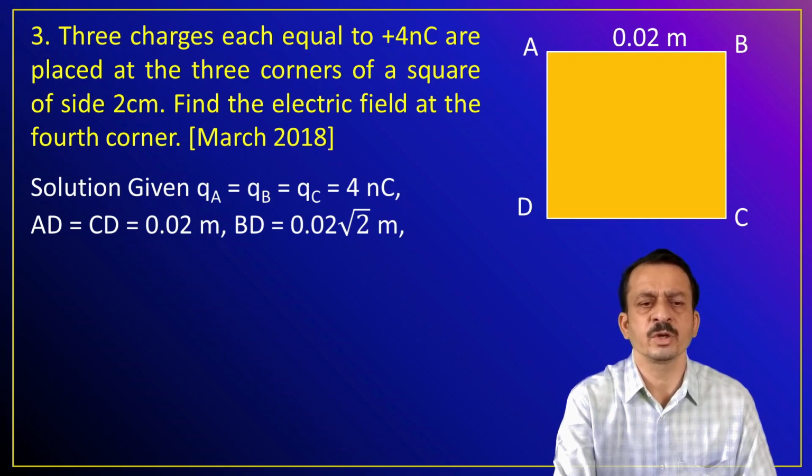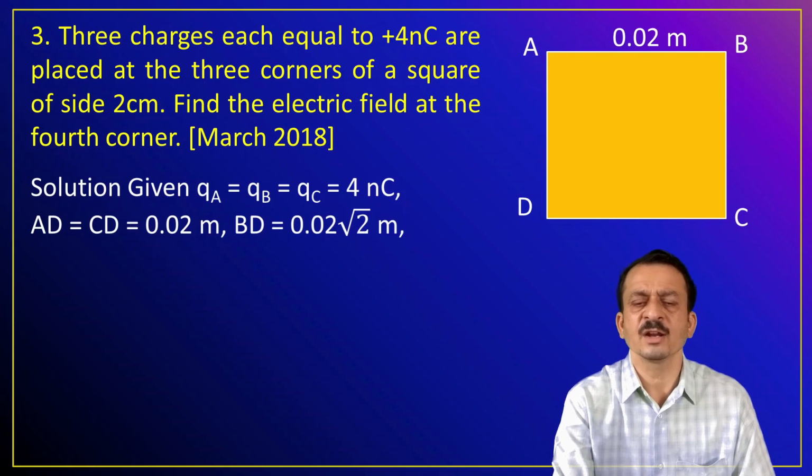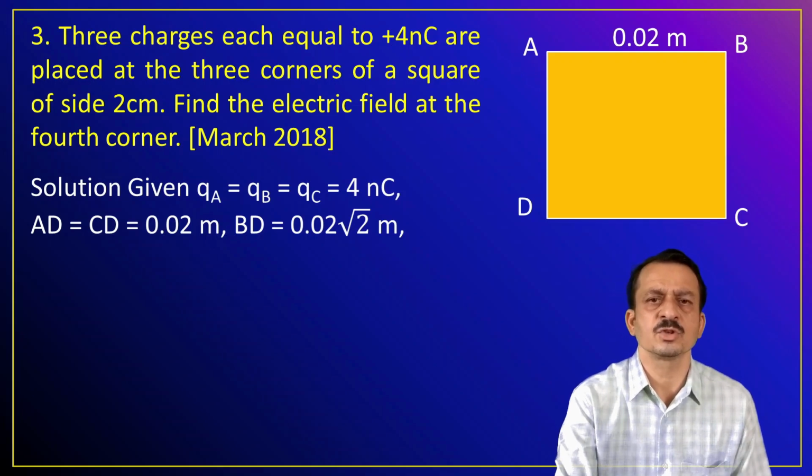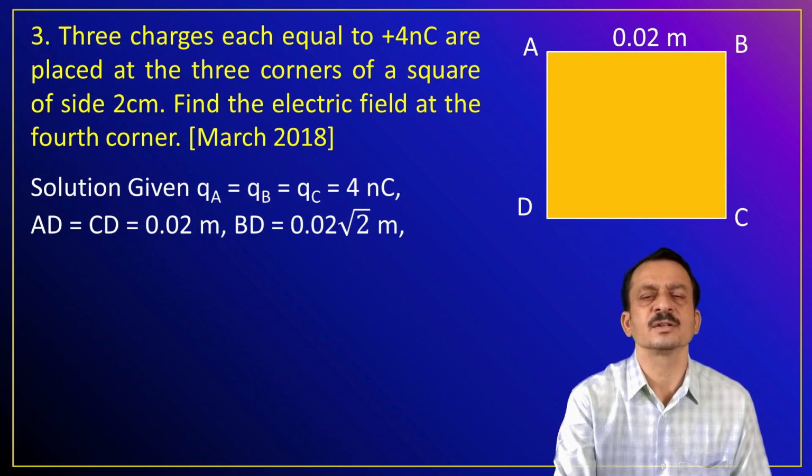Therefore QA, QB, QC are 4 nanocoulomb. We have to calculate the field at D. Distances AD and CD will be the same, 0.02. Because it is given as 2 centimeter, we convert it into meter, therefore 0.02 meter.